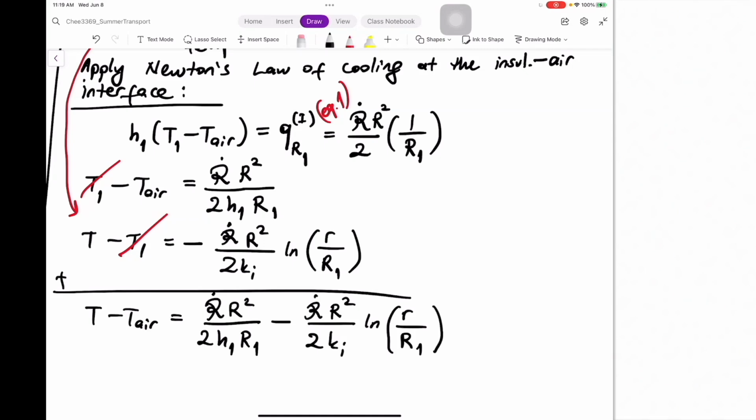Okay, good. So that's the temperature profile in the insulator, right? Okay, good.